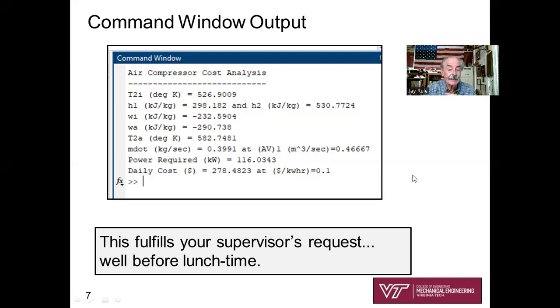I did find an error as I was checking my work, but basically you get the idea that the screenshot would be attached to an email, with a very short narrative saying the daily cost is $301 today, and that'll fulfill your supervisor's request well before lunchtime.